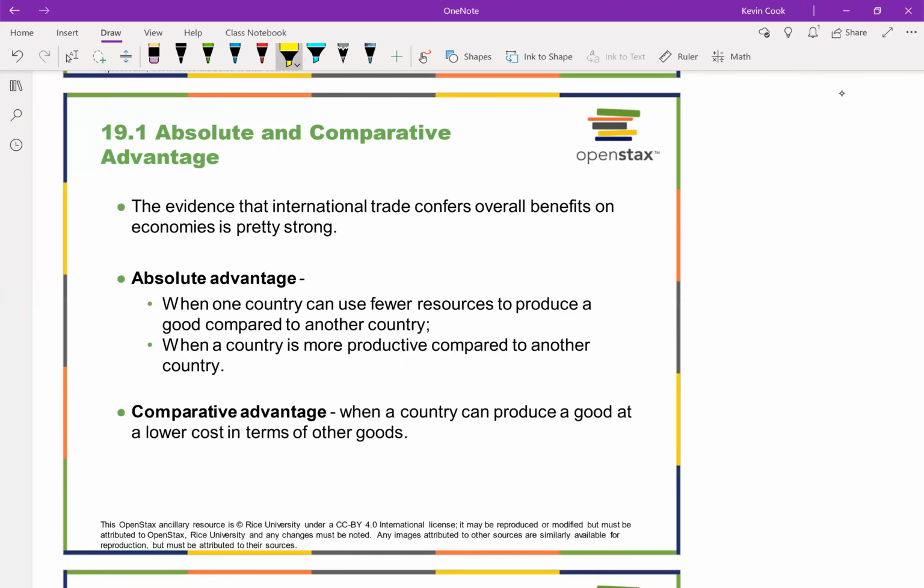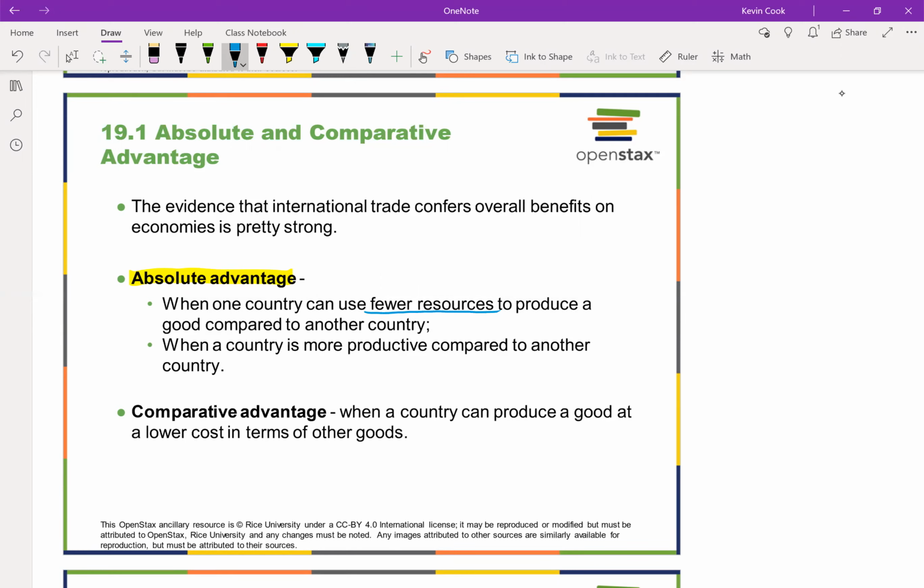That's the example I referenced previously in the class, but today we'll look at it from more of a national angle rather than an individual angle. So the first thing we have is called absolute advantage. What absolute advantage tells us is that a country can produce a good using fewer resources than another country. In essence, one country is better at producing this good than another.